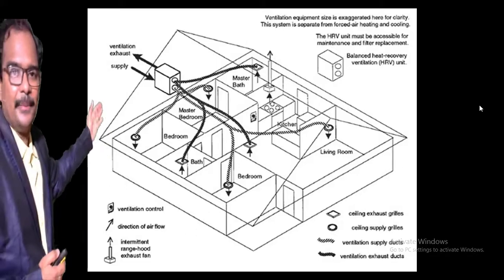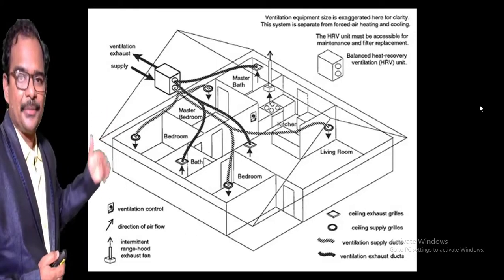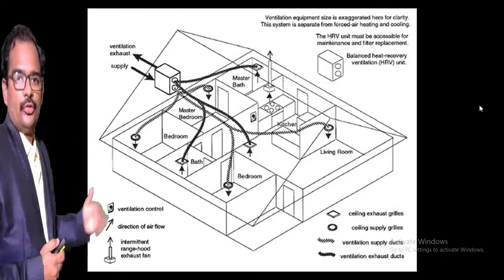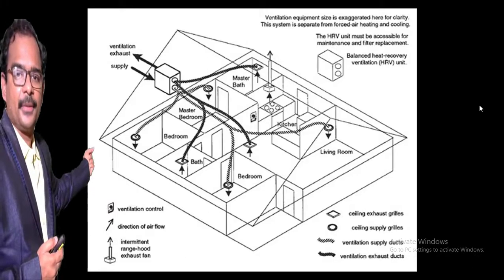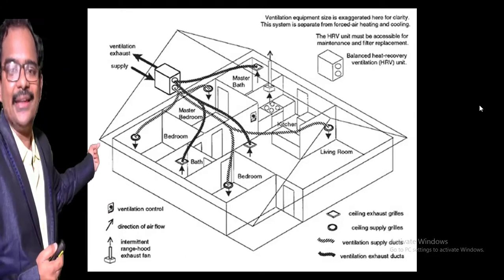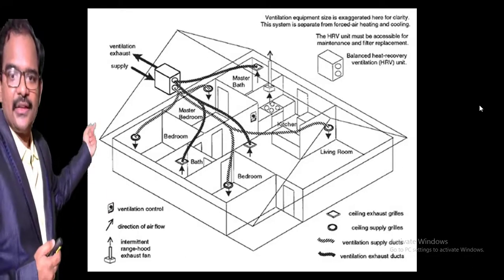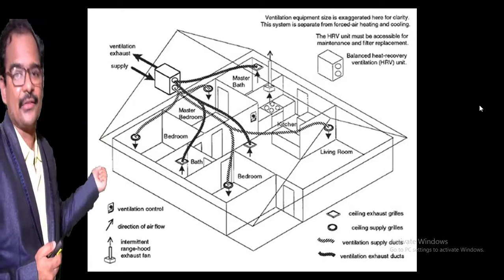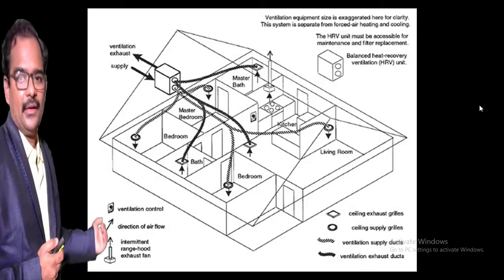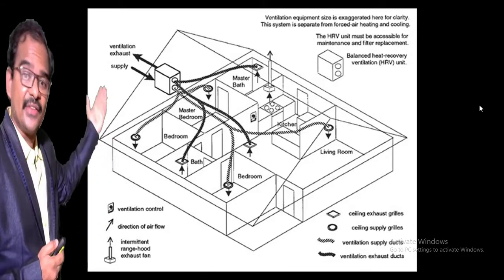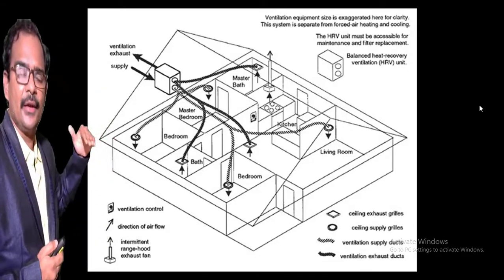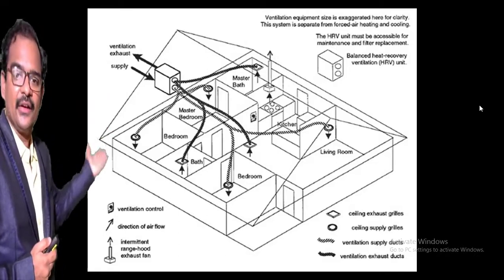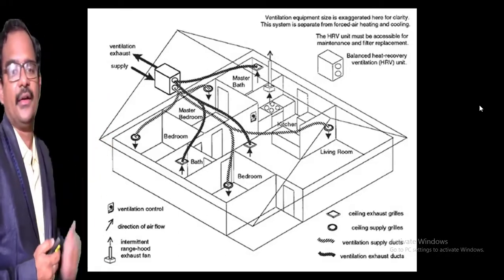You can see the black color solid line represents the air. Now you can see here that the rhombus shaped opening is nothing but a ceiling exhaust grill, and the circular openings are nothing but ceiling supply grills. So circular means ceiling supply, rhombus means ceiling exhaust. Exhaust means they will remove the air from within the space. Circle means they will bring the air into the space.